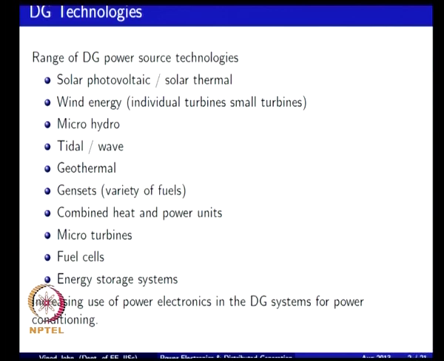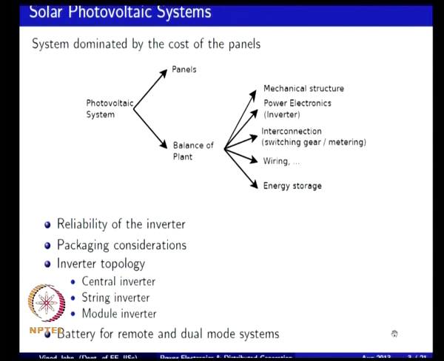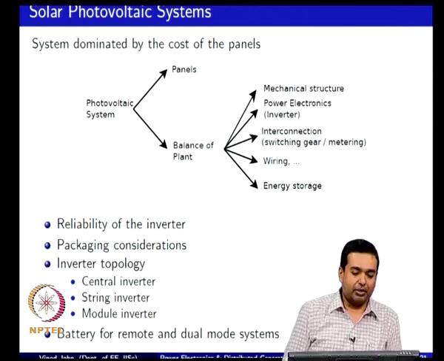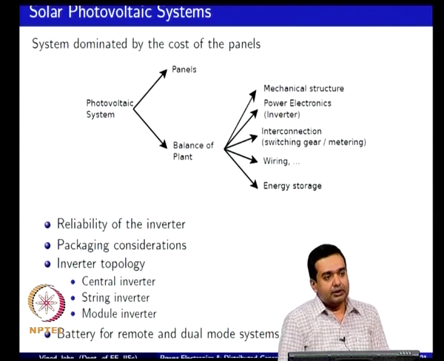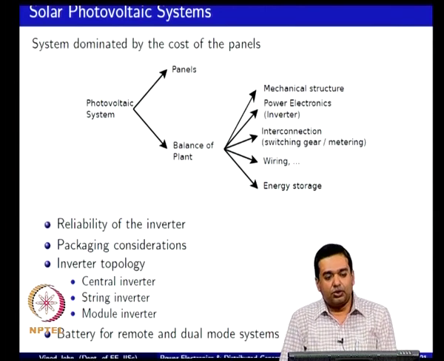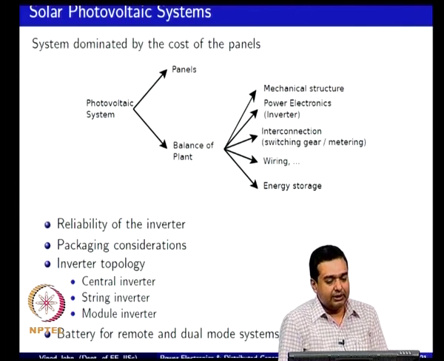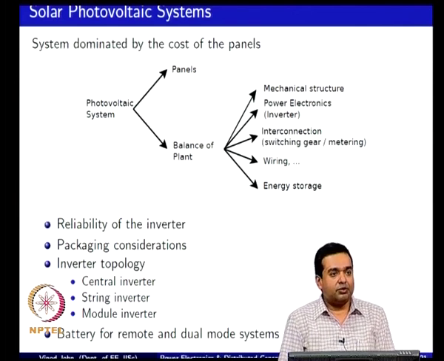If you look at the dominant technology that is emerging today, it is actually solar electric generation. And photovoltaic is an important part of solar electric generation, and the cost of the photovoltaic system has been dominated by that of the panels.